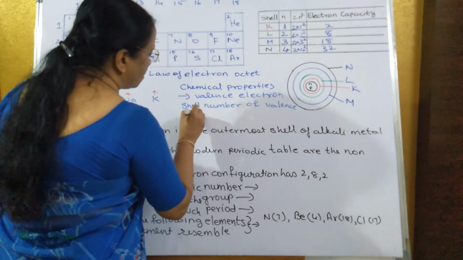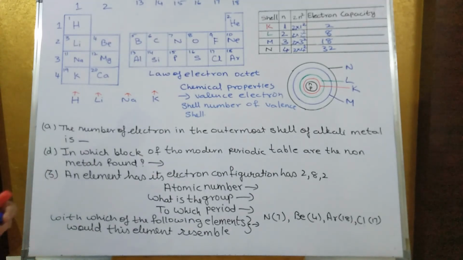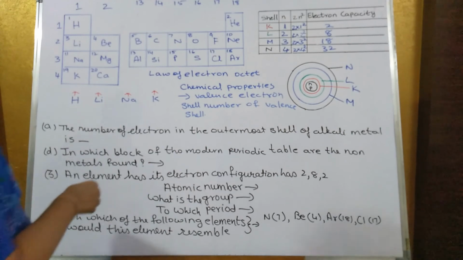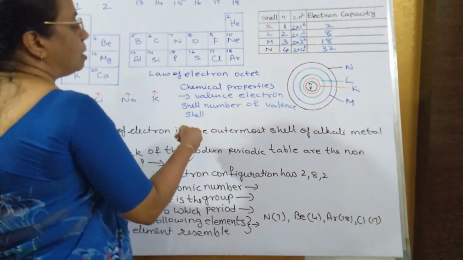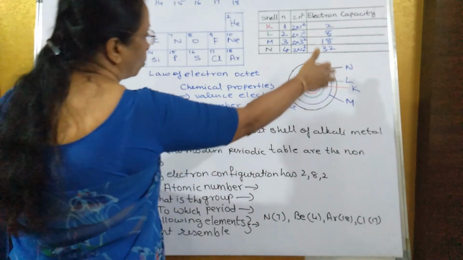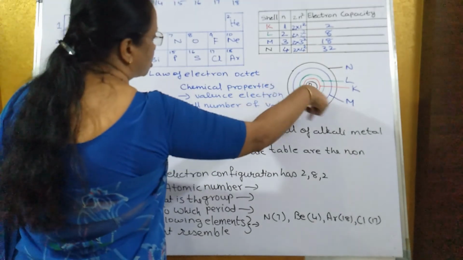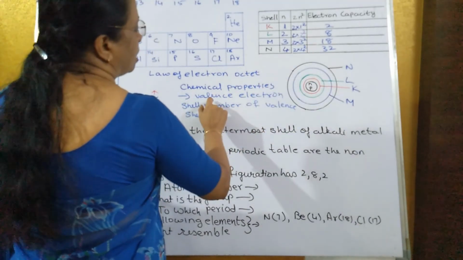Now what is the meaning of that? So the chemical property depends upon two things. What are those? The valence electron and the shell number of the valence shell. What is the meaning of valence shell? The valence electron is present in which shell? The valence shell is always the outermost shell of that particular element, and the number of electrons present in the outermost shell is known as valence electrons.